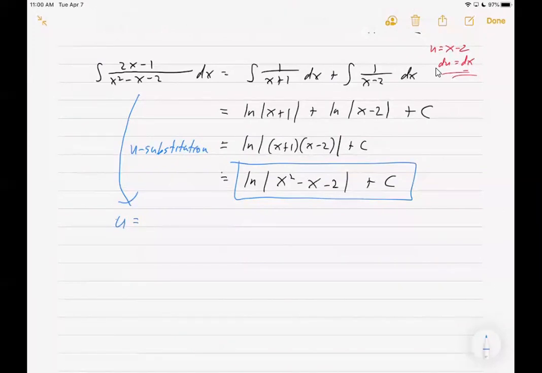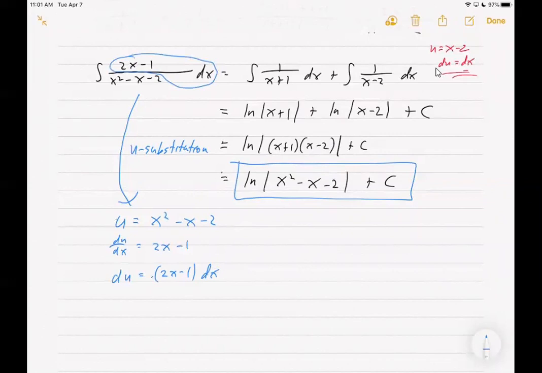So if we let u equal x squared minus x minus 2, du dx is 2x minus 1, which is the numerator. So if we were to let du equal 2x minus 1 dx, that's the numerator of what we're integrating.